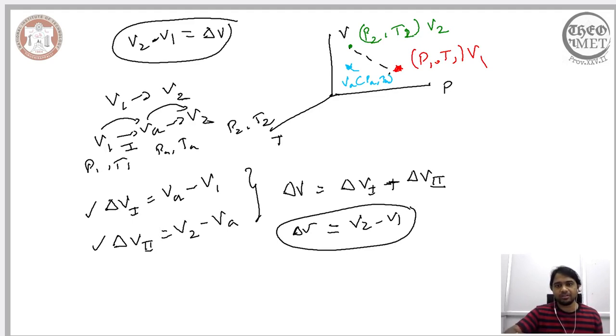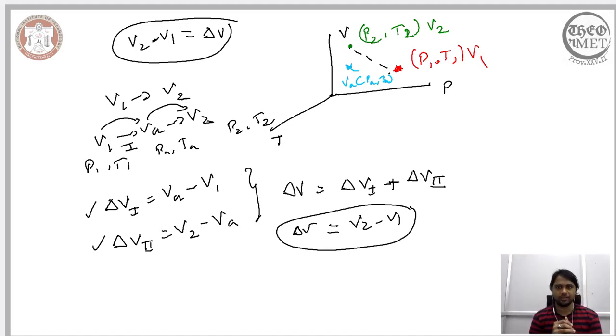So we can realize two things from this simple thought experiment. When you add a step between two different changes in state, so you have a change in state from V1 to V2, you break that continuous change up, you take a detour, you add an additional step, and you consider the change in the state between V1 and VA and VA and V2. So instead of considering one change in state from V1 to V2, you break it down into V1 to VA and VA to V2 as change 1 and change 2.